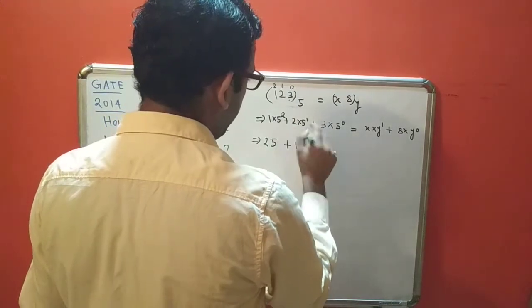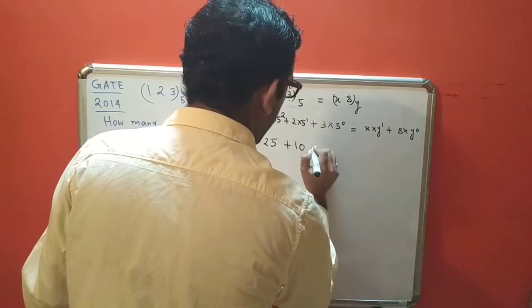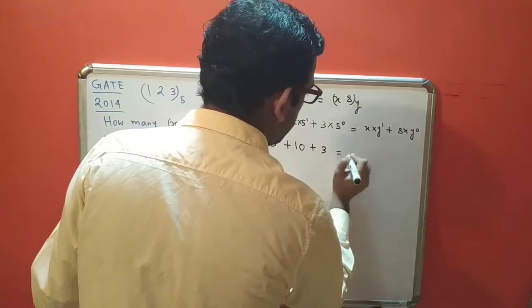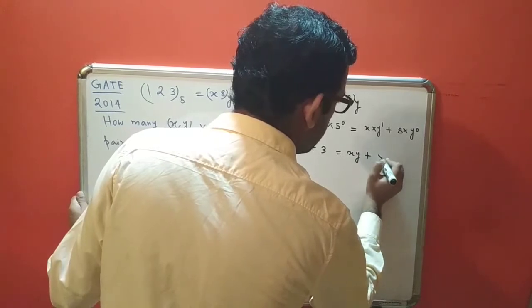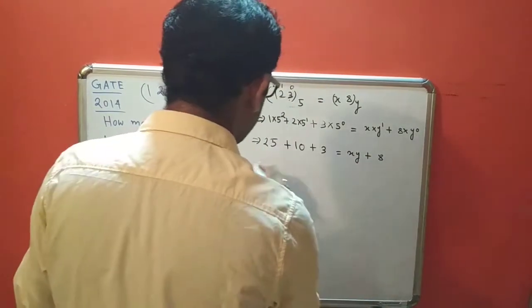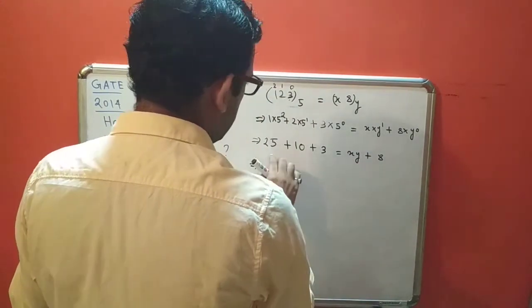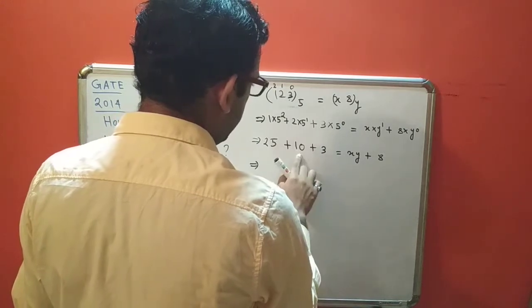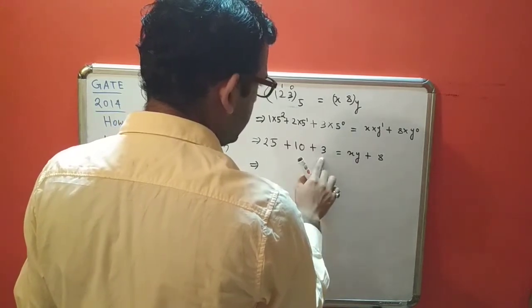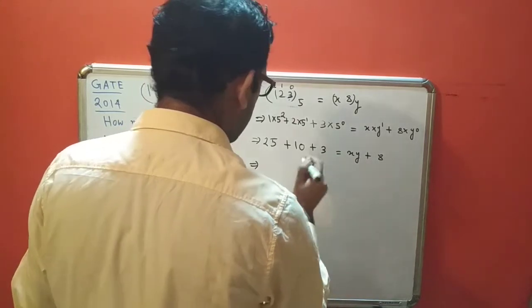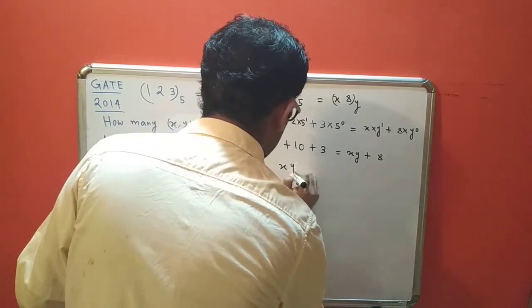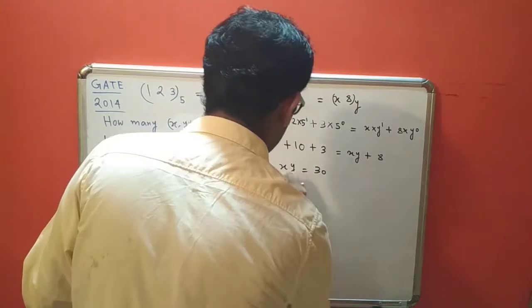So you have 2 into 5, you get 10, and here you get 3, which is same as xy plus 8 because anything raised to the power of 0 is 1. So here you get 25 plus 10, 35, and 35 plus 3 is 38. Now if you subtract 8 from 38, you are left with 30. So my final equation is xy equal to 30.